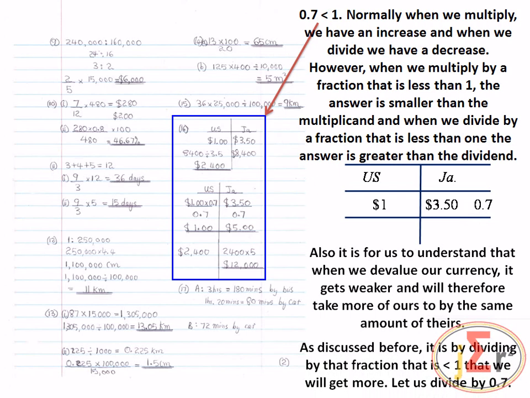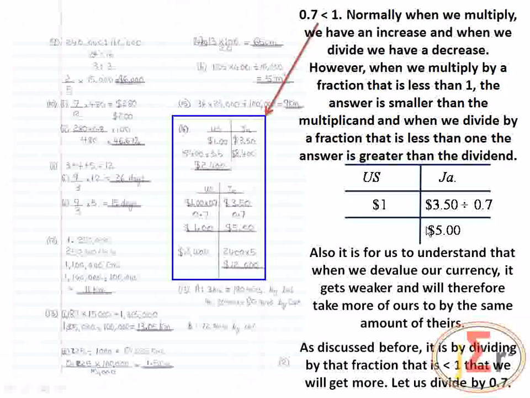As discussed before, it is by dividing by the fraction that is less than 1 that we will get more. Let us divide by 0.7. So throw in the division sign. 3.5 divided by 0.7. The result is 5, which is a larger number. When we devalue, it takes more of our currency.